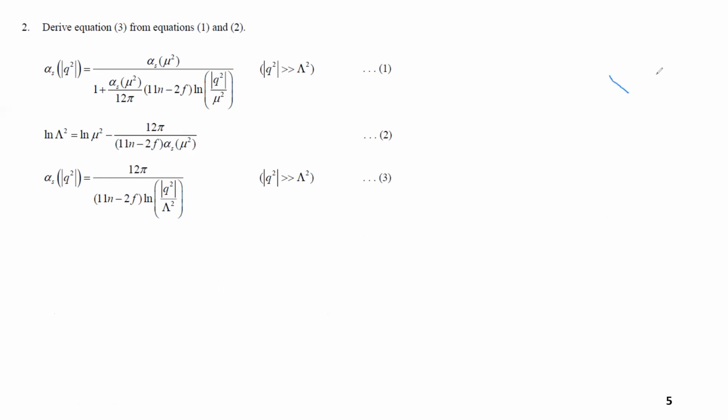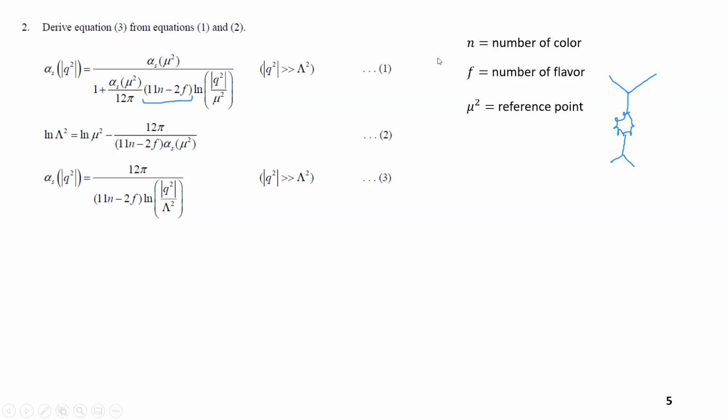The first difference is that in QCD, in the loop diagrams, we have gluon loops, while in QED we only have fermion loops. Due to these gluon loops, there will be some factor here, where N is the number of colors in the standard model and F is the number of flavors of quarks.